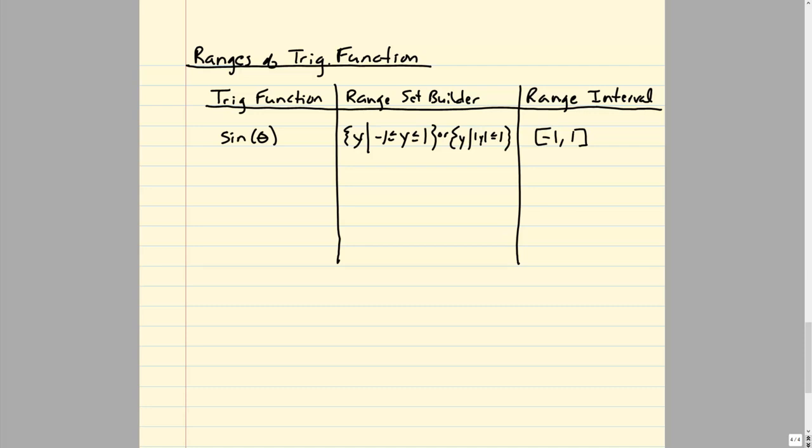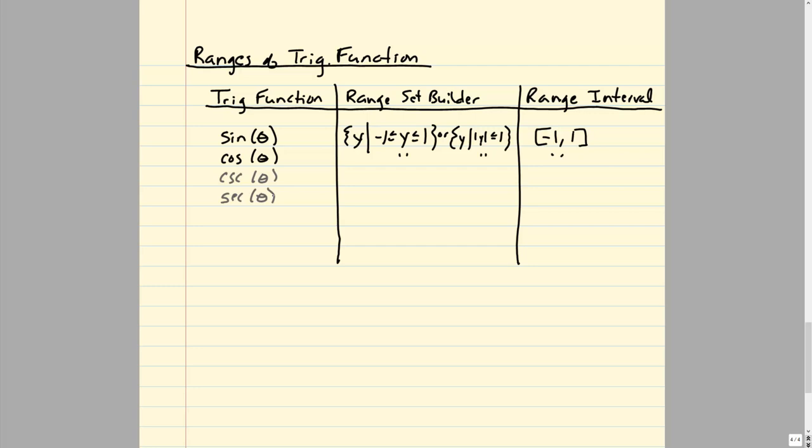Let's go ahead and look at cosine next. And cosine is identical. Now I'd like to look at cosecant and secant next. Cosecant and secant. Now remember, sine and cosecant are reciprocals of each other.